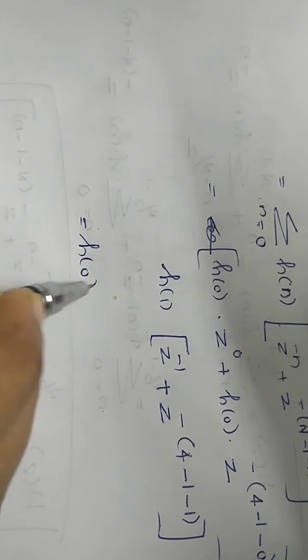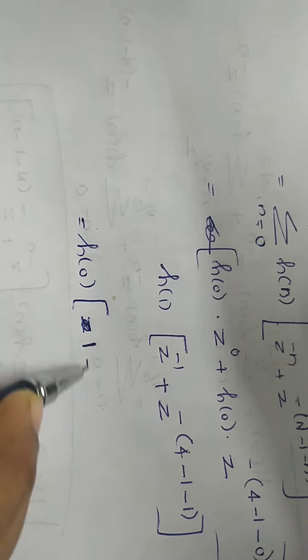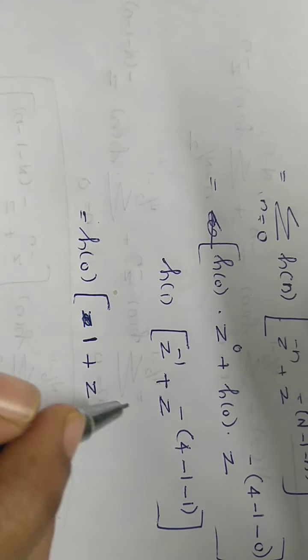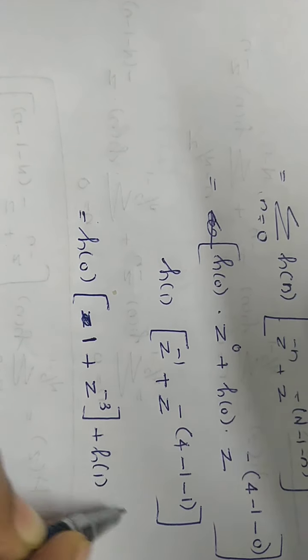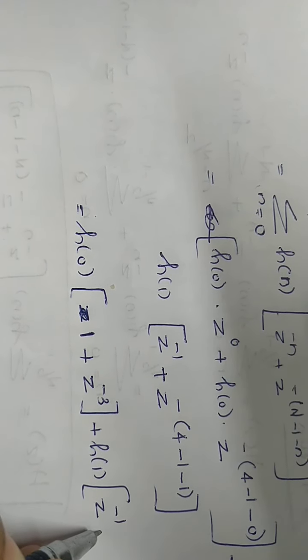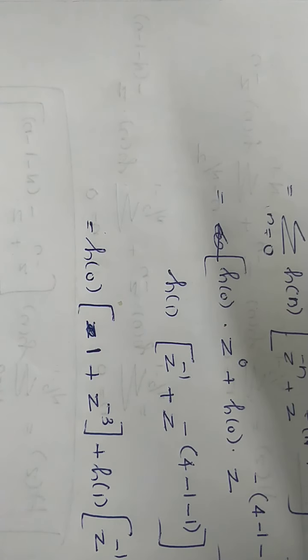This will be equal to h of 0 times z raised to 0, means 1, plus z raised to minus 3, plus h of 1 into z raised to minus 1 plus z raised to minus 2.